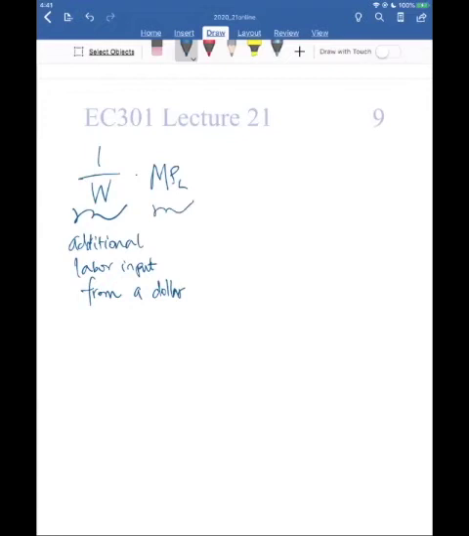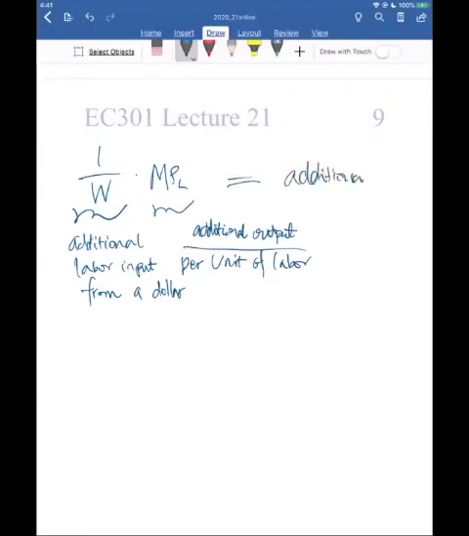And the marginal product of labor is the additional output that can be generated per unit of labor. So overall, this is the additional output from spending $1 on labor.